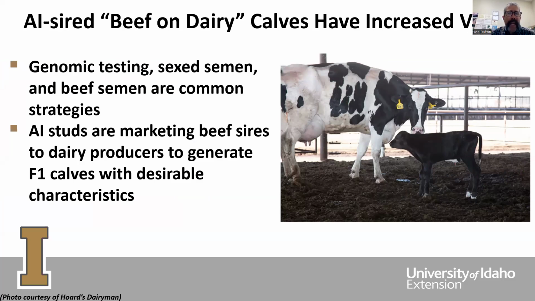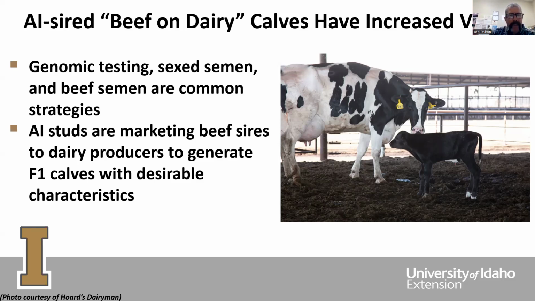And what we're able to do now, as far as management strategies, we can genomic test, we can use sex semen, and then beef semen, all within one breeding strategy. The idea is to generate our replacements from the top part of our herd using sex semen.